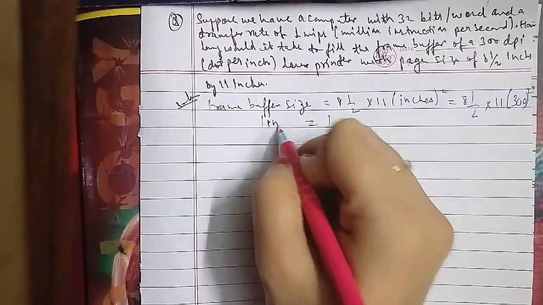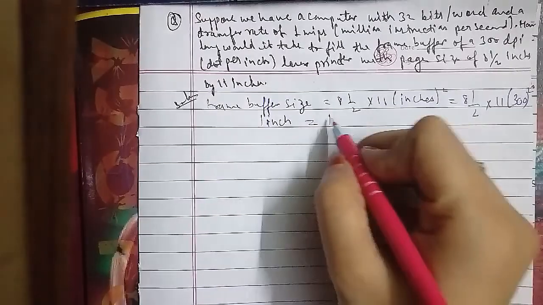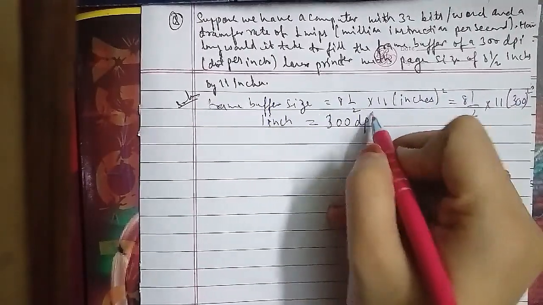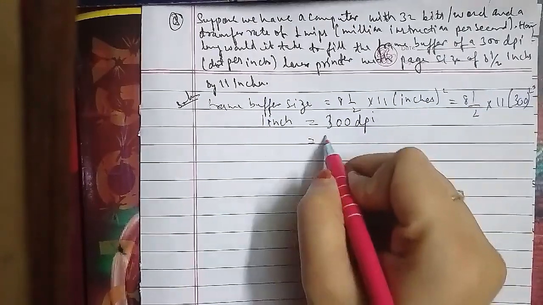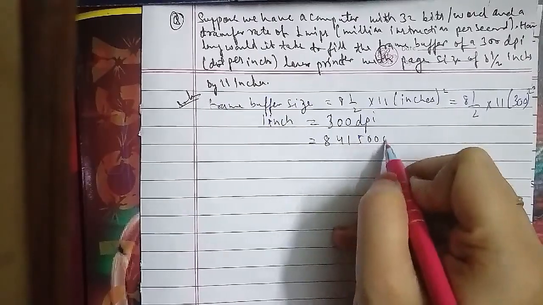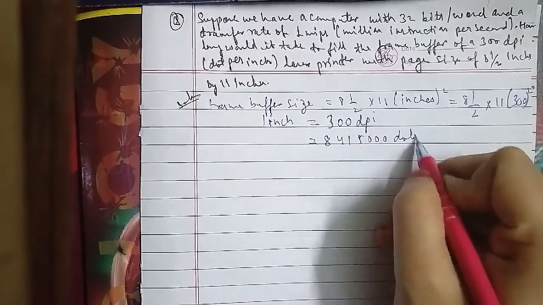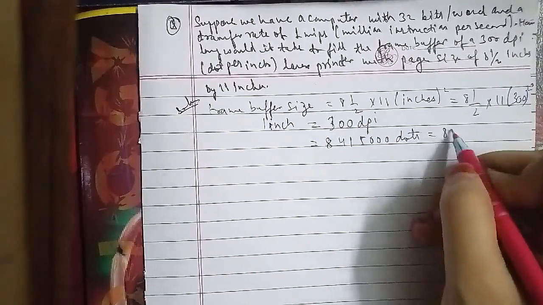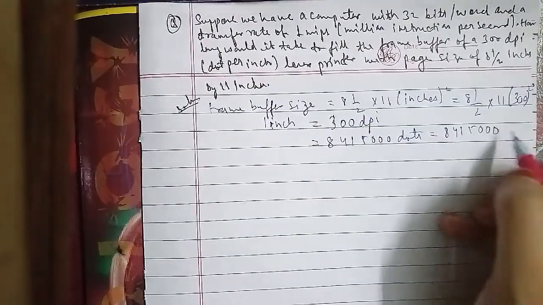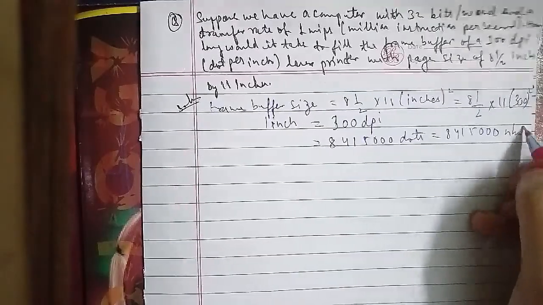The time required to fill the frame buffer equals 8415000 n upon 32 into 10 to the power 6, which is equal to 0.263 n seconds.